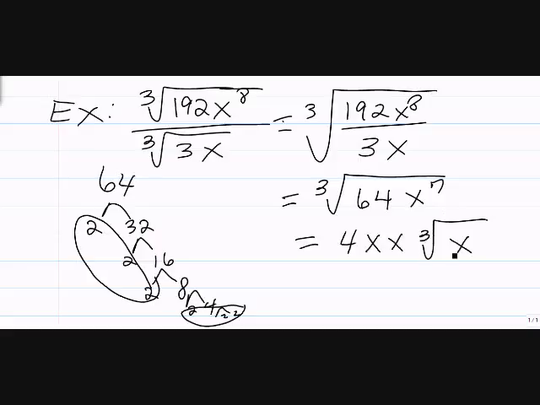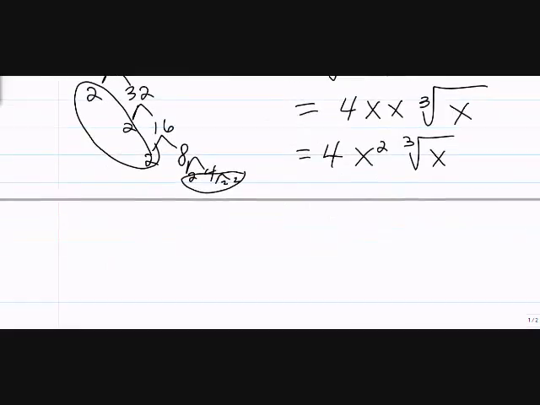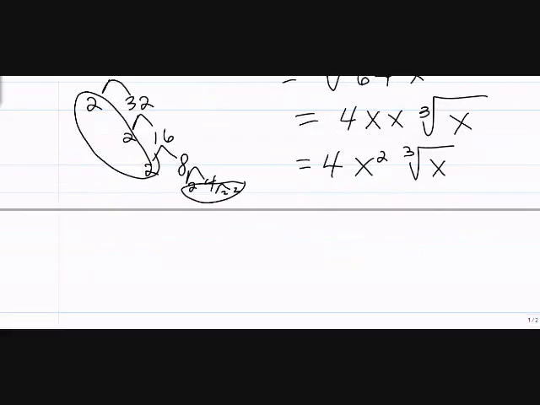Can't pull out x to the 1st. So this is 4 times x squared times the cube root of x. It's the ones that don't simplify that you have to play the whole game with. Okay. So there, that one's simplified.